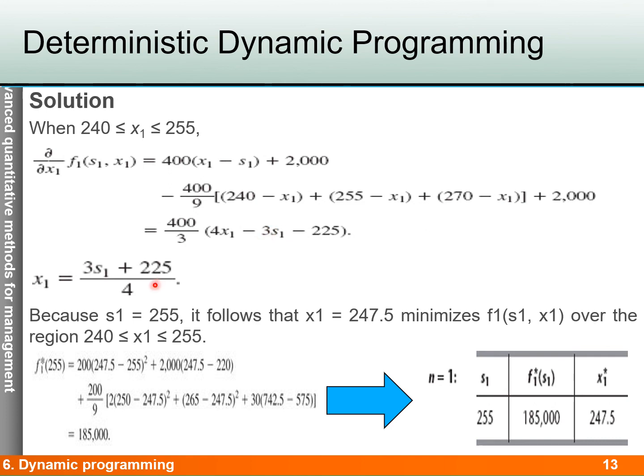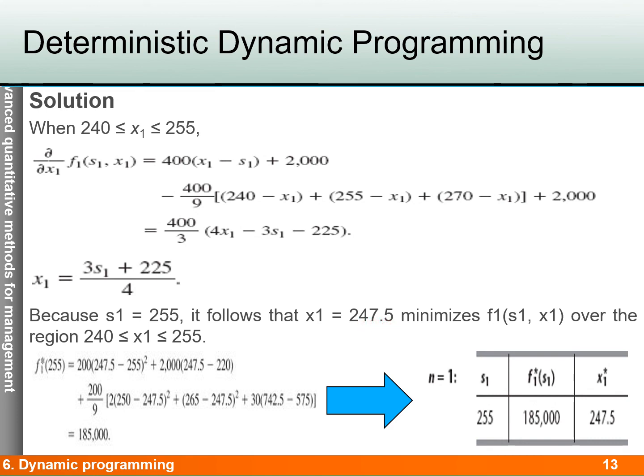Okay, this derivation is always positive as well, because S1 is 255. So if I substitute 255 in this formula, that is our X1, X1 is 247.5.